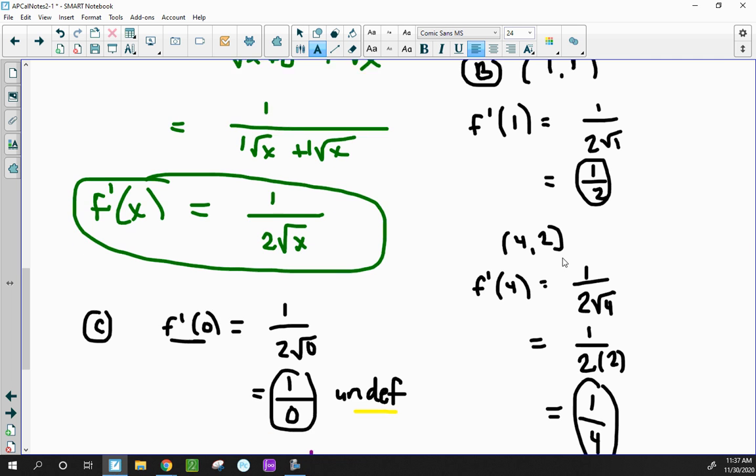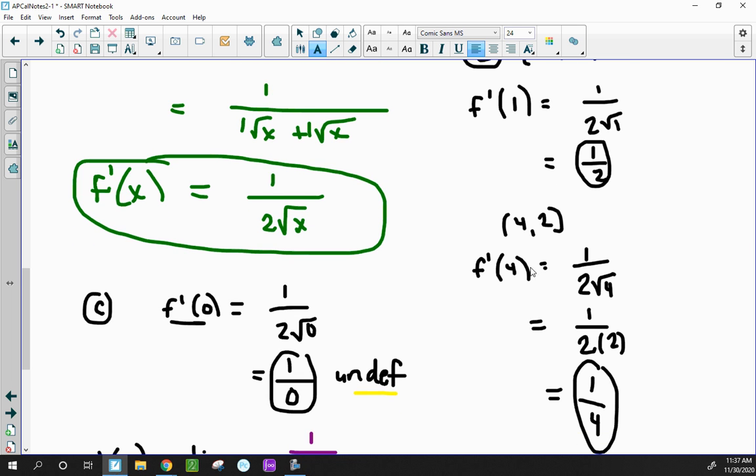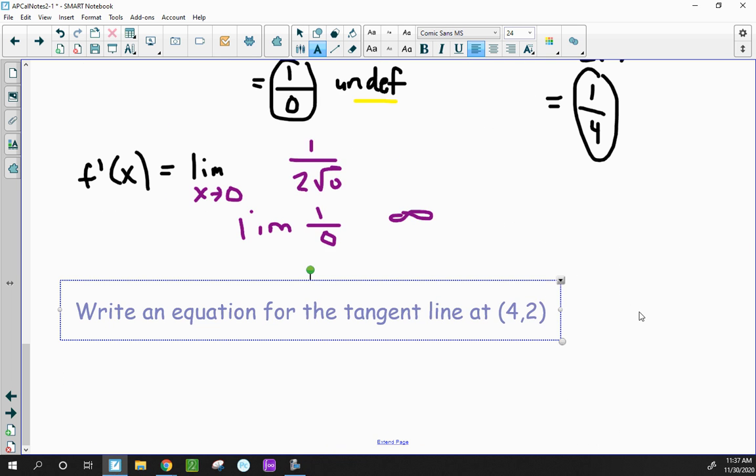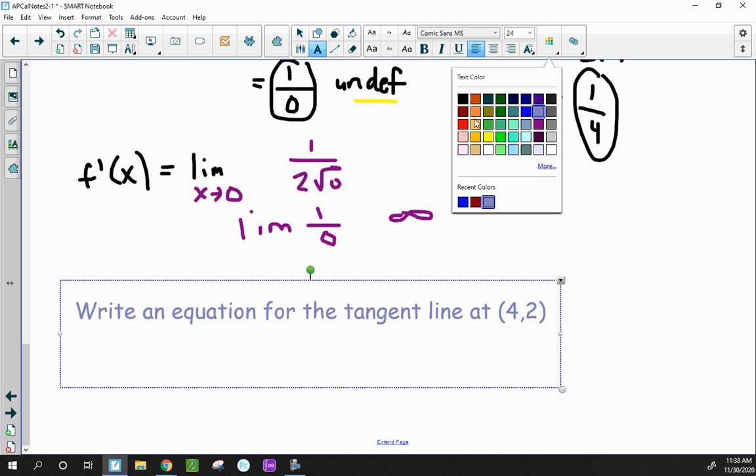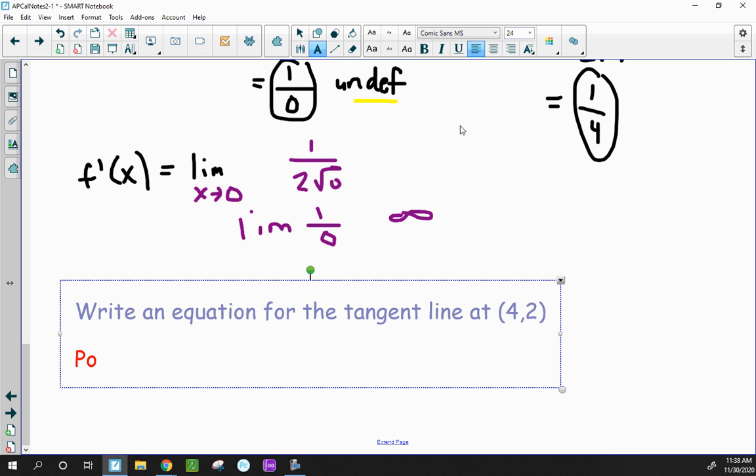You know how we found 4/2? We found the slope at 4 to be 1/4. When you write an equation for a tangent line in calculus, I want you to use point slope form. We use slope intercept form more in algebra, but I want you to use this because that's what the AP exam uses a lot.